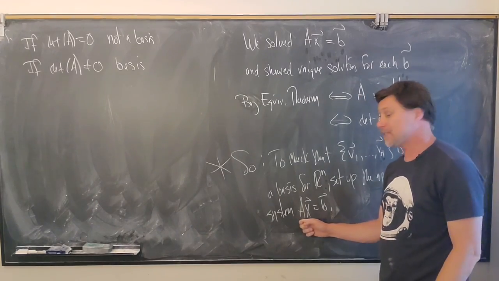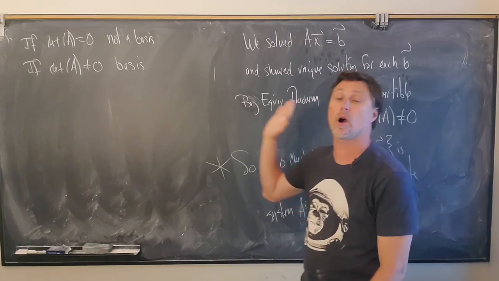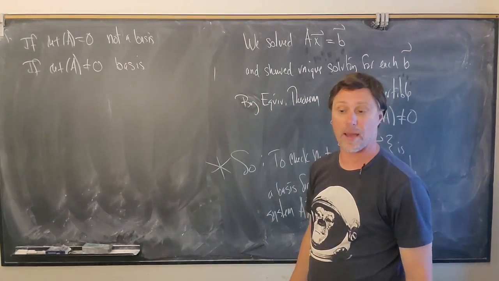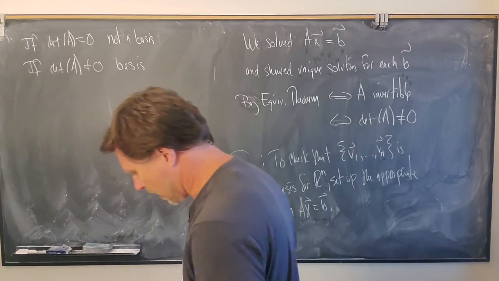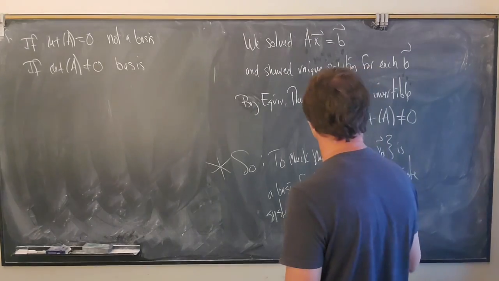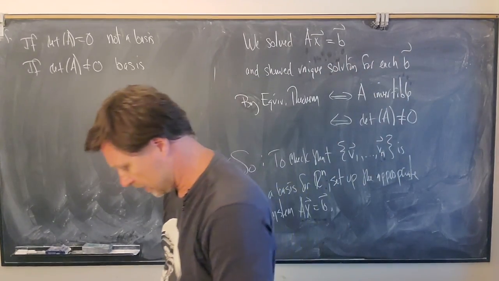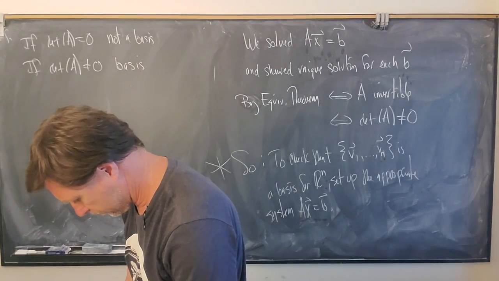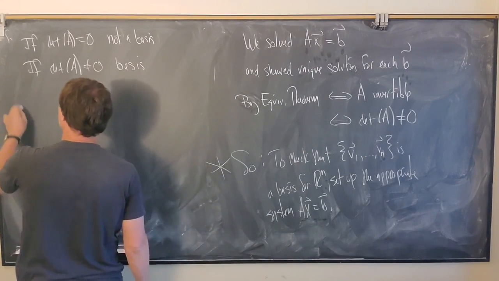All you need to do is identify the matrix A, the matrix consisting of the column vectors in the set that you started off with. Compute the determinant of that matrix, and that answers the question. Now, I've stated this in terms of Rn, but we can generalize this anytime that we have a square matrix. So let's do the next example.